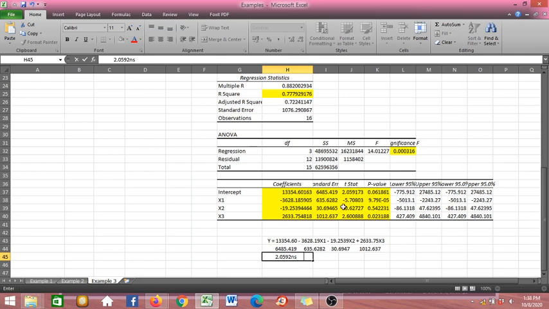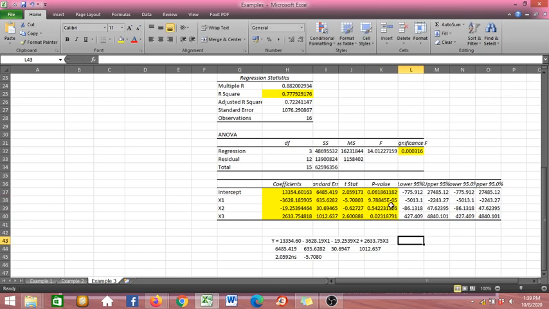And then we have here x1, its t-stat is negative 5.7080. And based on its p-value, we have a negative exponent. So we can see here that it is less than 0.05, therefore it is significant. And then we have negative 0.6272.